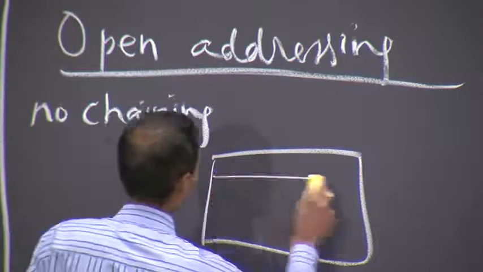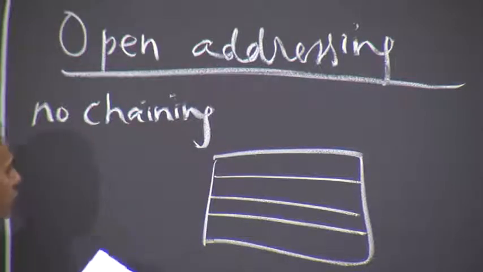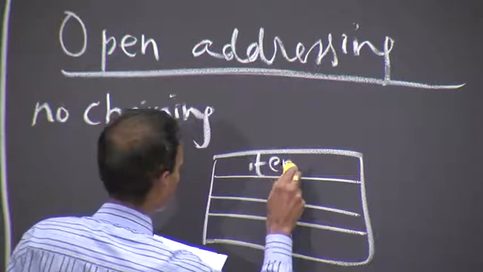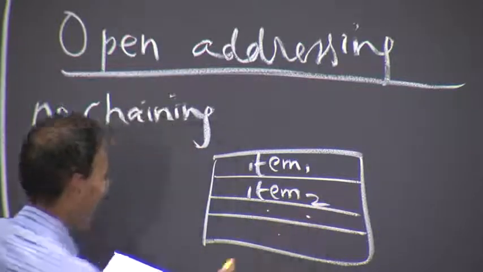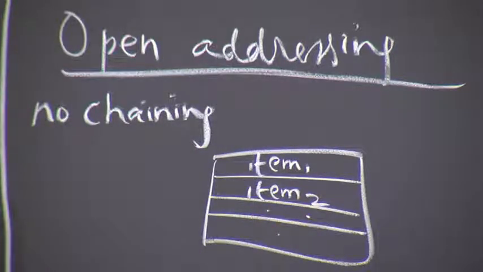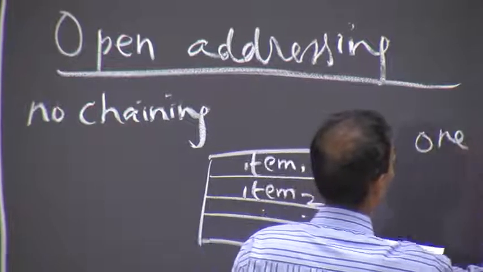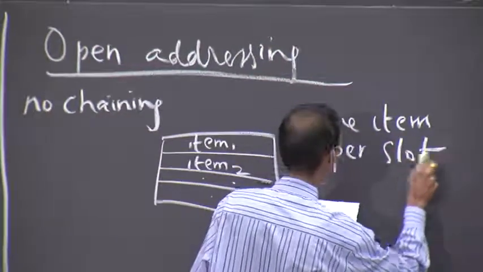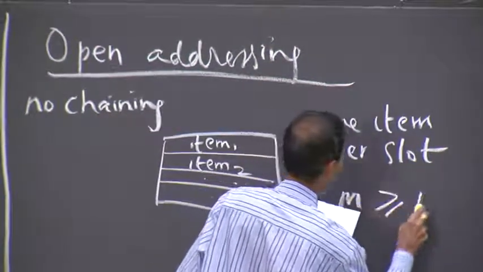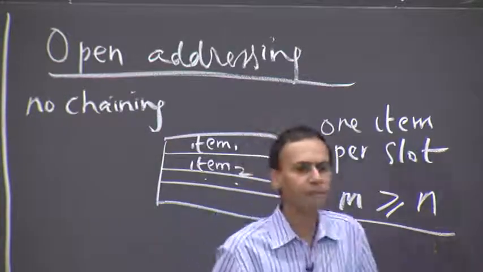In particular, what we're going to do is assume an array structure with items. And we're going to assume that there's at most one item per slot. So m has to be greater than or equal to n. All right? This is important because we don't have linked lists.